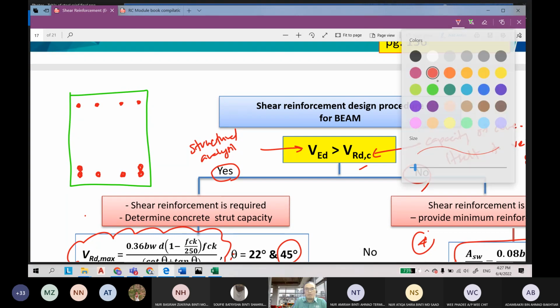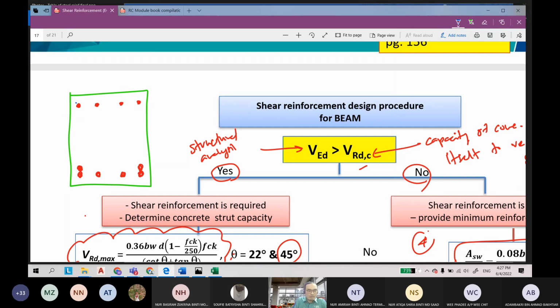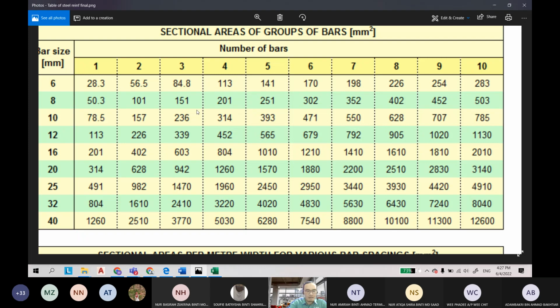Your steel reinforcement might go as a loop. This one is ASW and this one is also ASW. So we have 1 and 2, that's why we refer to 2 here. The total of 2 is 56.5.